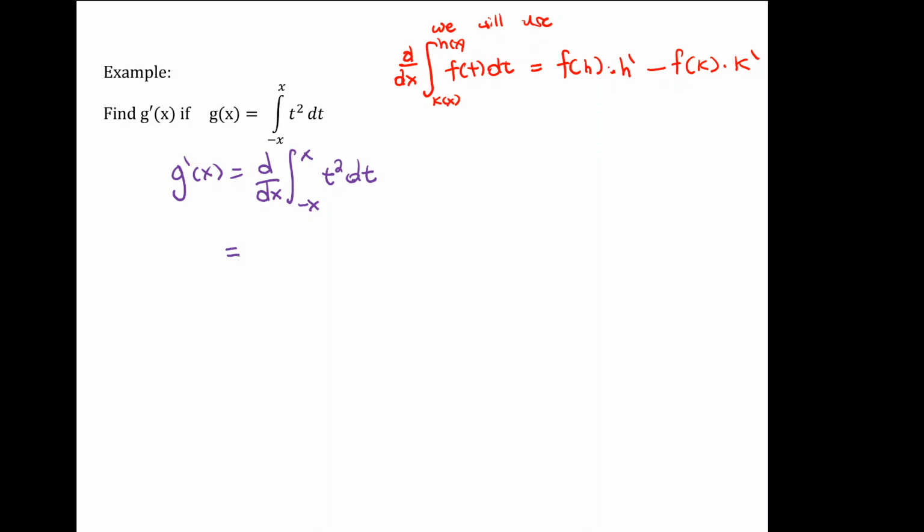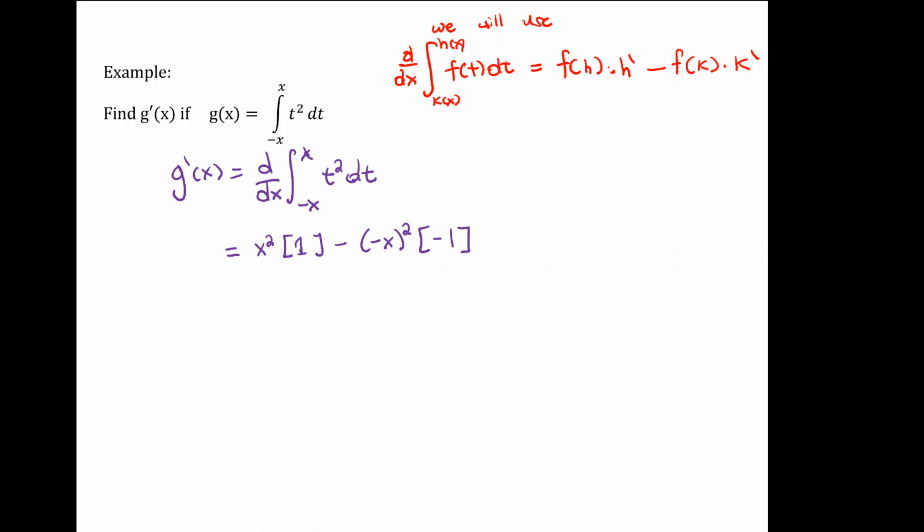And the fundamental theorem up above says that this is going to be x squared multiplied by the derivative of x, which is 1, minus negative x all squared times the derivative of negative x, which is negative 1.